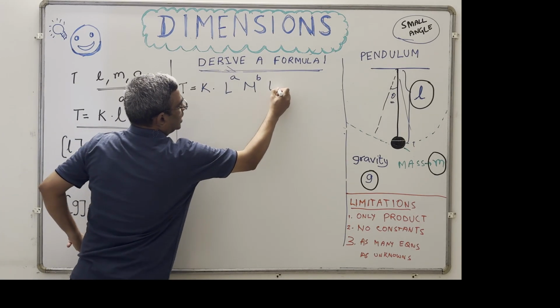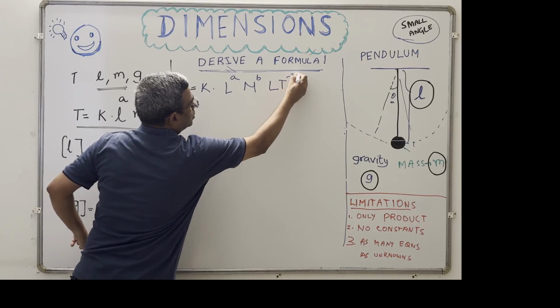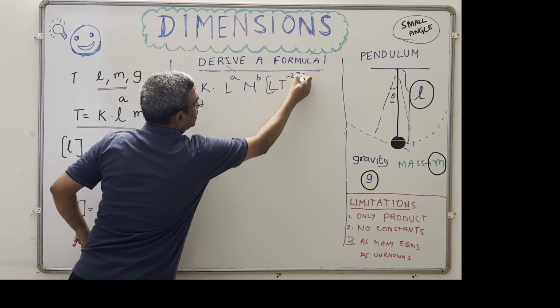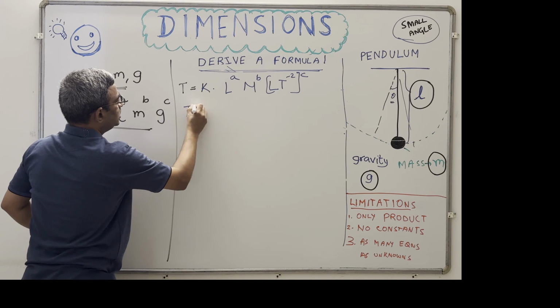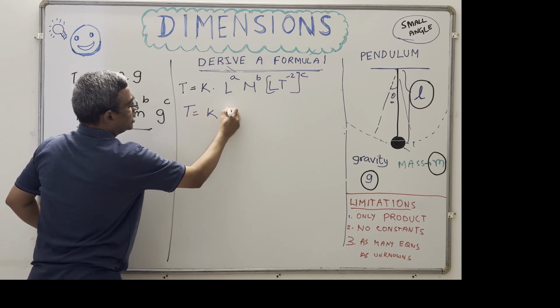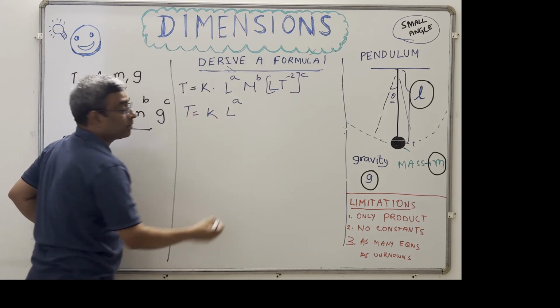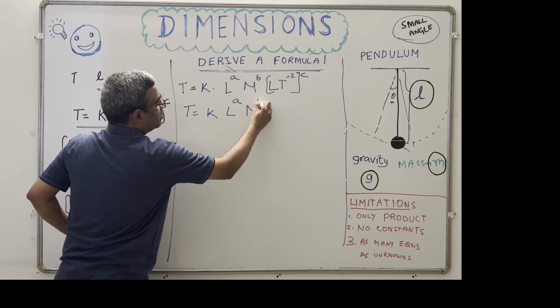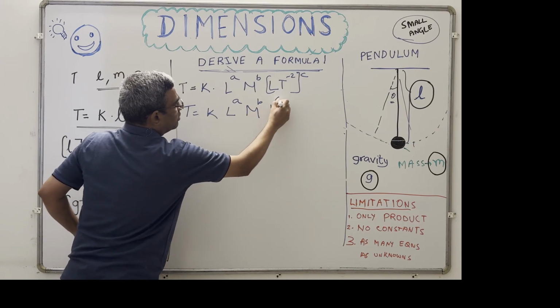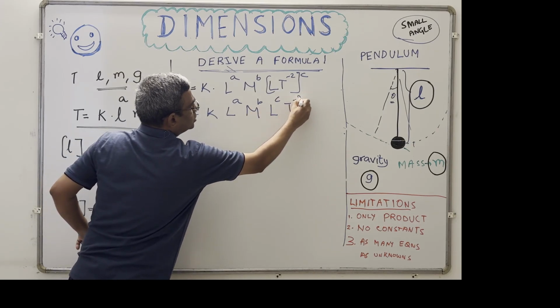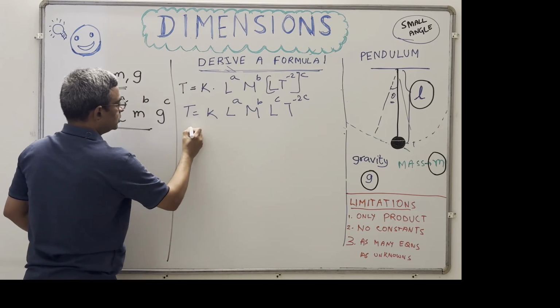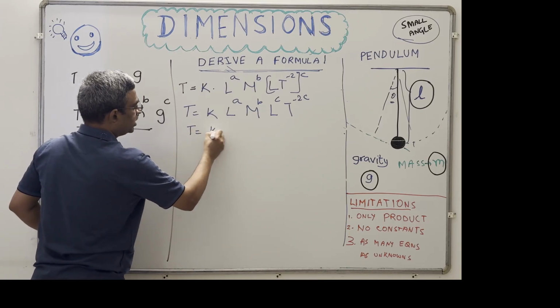So L t power minus 2 to the power of c. So this becomes T is equal to k L power a, m power b, L power c, and t power minus 2c.